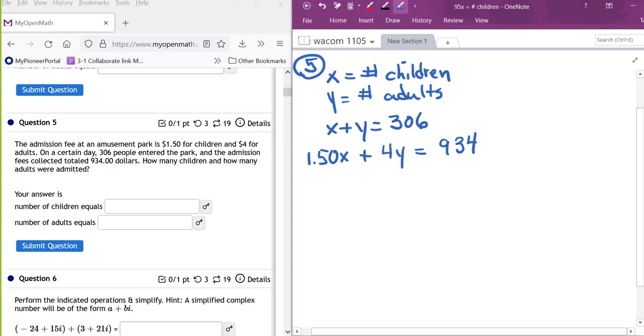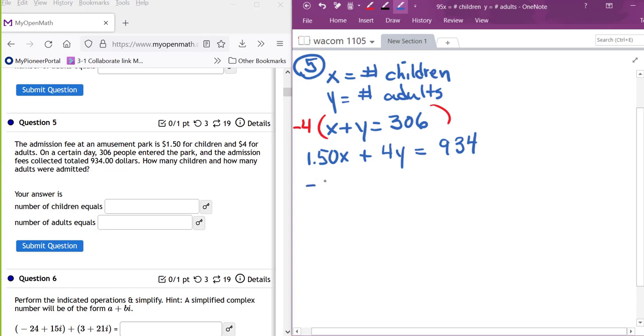This one, I don't think I'm going to multiply through and get rid of the decimal. I only have one decimal, and I think I'm just going to work with it like we have it. So I am going to get rid of the Y's. And so if I multiply the top one by -4, then I could add to +4 and it would cancel the Y's. So we'll rewrite that equation.